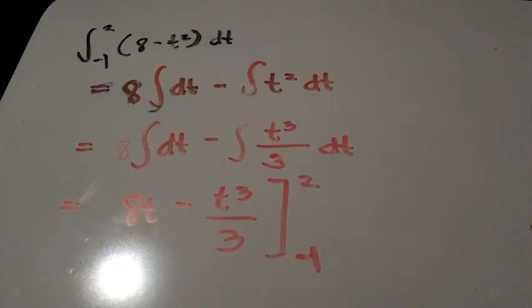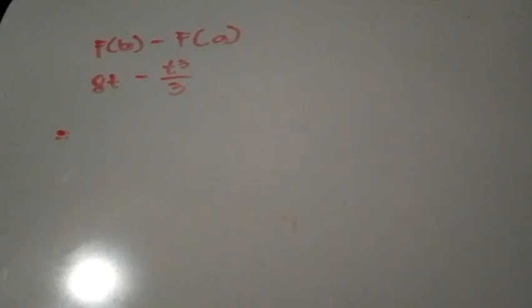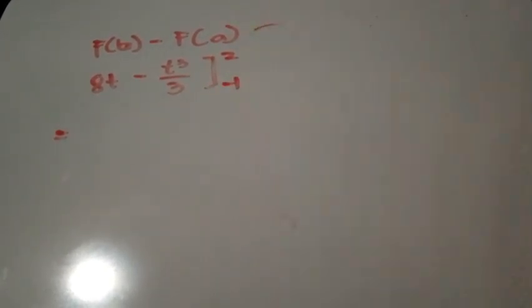After this, we're going to substitute negative 1 and 2 for all of the t here, and we're going to use f of b minus f of a.